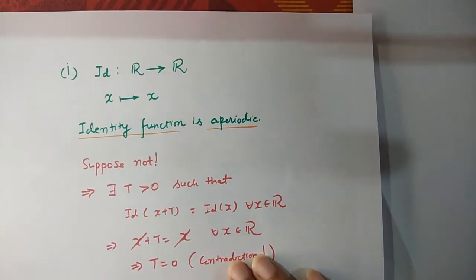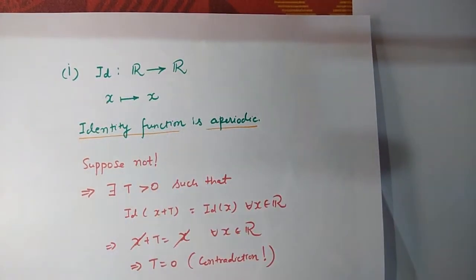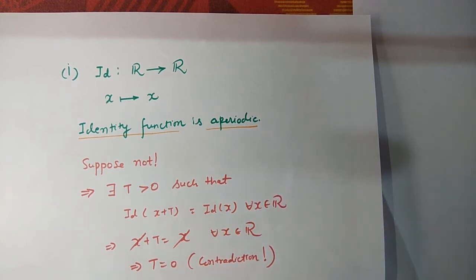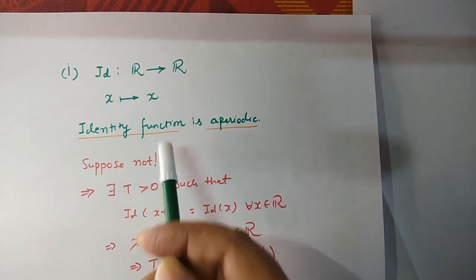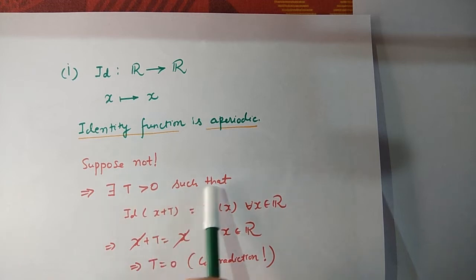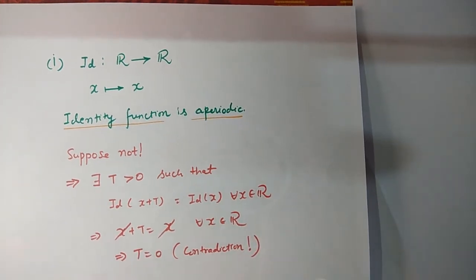The simplest example is the identity function, x maps to x. Why is this function aperiodic? Let us prove it. Suppose it is not aperiodic. Then it must be a periodic function. That means there exists a t greater than 0 such that identity of x plus t is equal to identity of x for all x belonging to R. This follows simply from the definition.